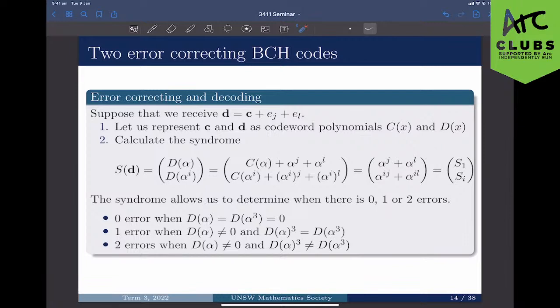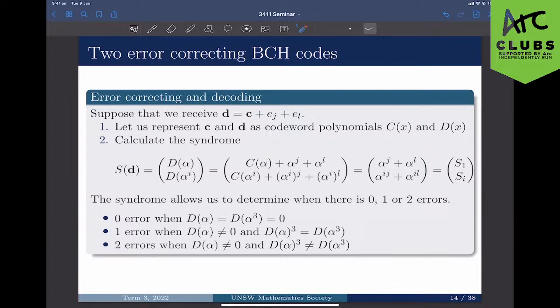Now, as given by its name, two error correcting BCH codes can correct up to 2 errors. So now, again, say we receive a code word D, where C is the actual code word, and we have plus E_j and E_l. This represents that the code word C has errors corresponding to the positions alpha to the power of j and alpha to the power of l.